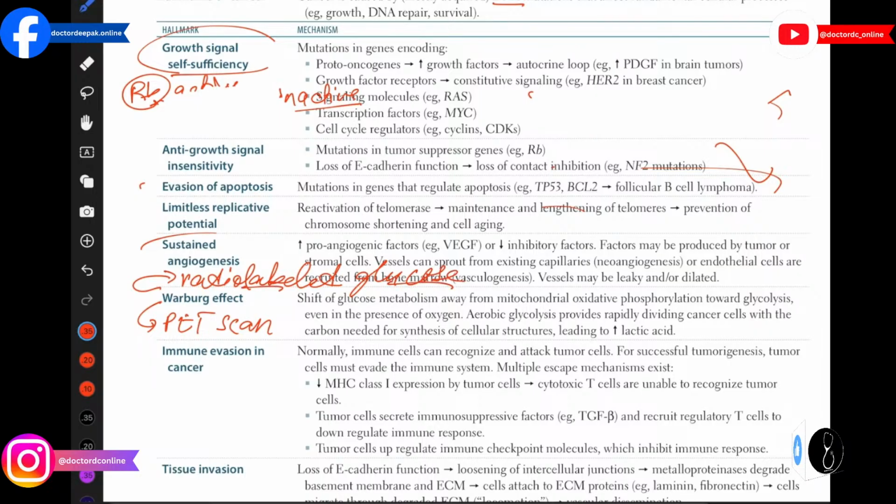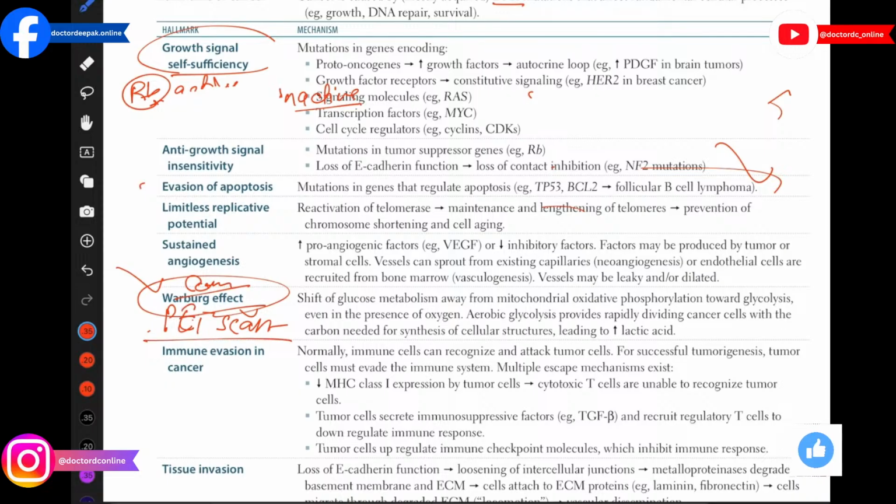When you give the radio-labeled glucose, the abnormal cell will take up a high amount of it, and that will be shown on the PET scan as a brightly colored spot. Again, a very important point for PET scan: it uses the Warburg effect, the uptake of glucose, and by giving that radio-labeled glucose we can detect cancers. Aerobic glycolysis provides rapidly dividing cancer cells with carbon for the synthesis of cell structures, leading to increased lactic acid.